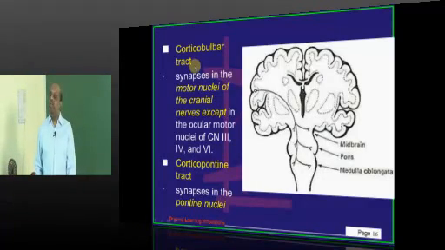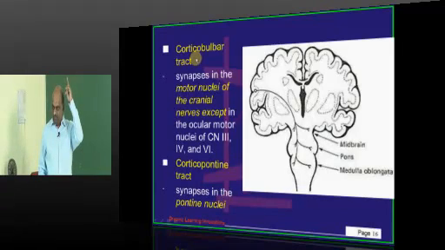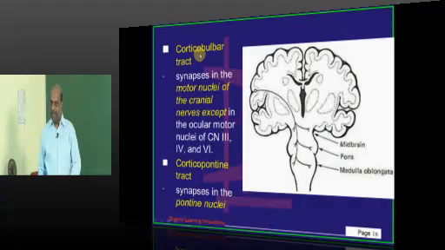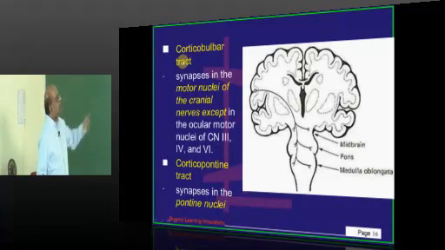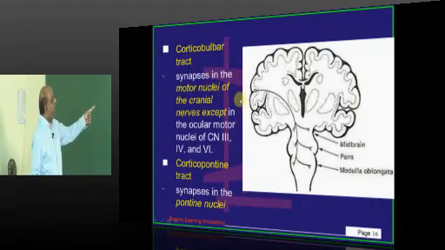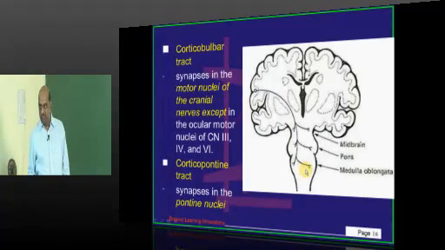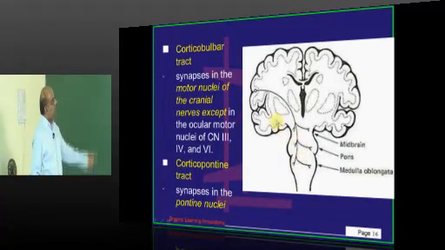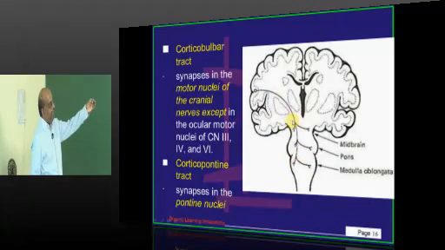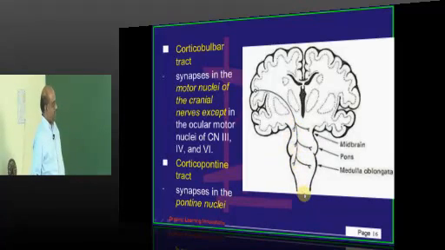Just like the anterior horn cells in the spinal cord are controlled by corticospinal tract, we have a corticobulbar tract which will be coming down and controlling the cranial nerve nuclei. So this corticobulbar tract will be ultimately innervating the midbrain, pons, medulla, because cranial nerve nuclei are located in all these locations, right?